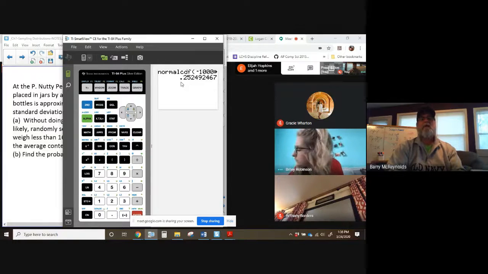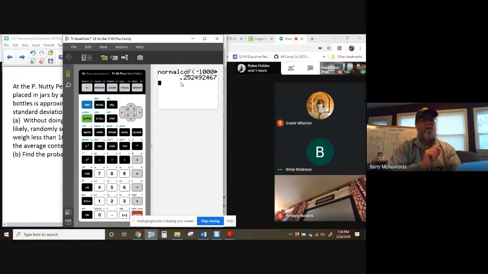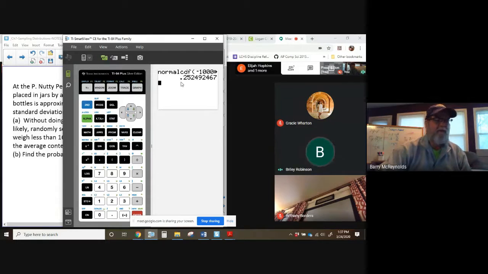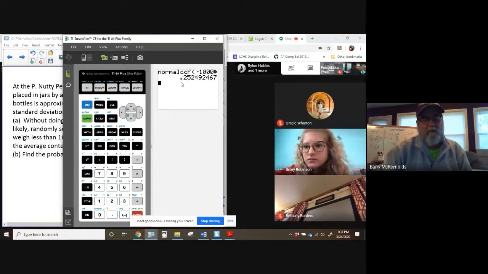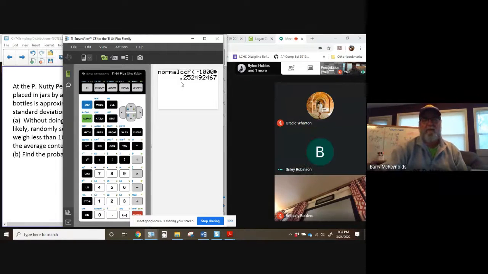So it's pretty doggone close, but slightly different. And that's just the round off error, in that our z-score is not really negative 0.67. It's really negative 2/3, so that is rounded up a little bit.